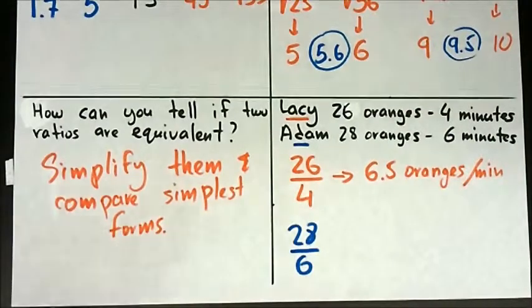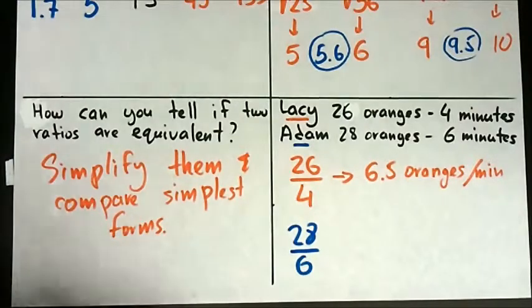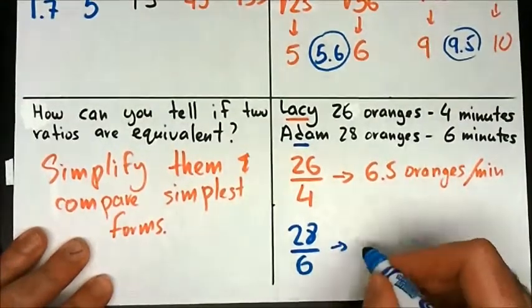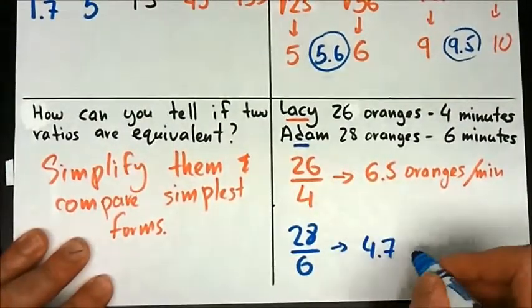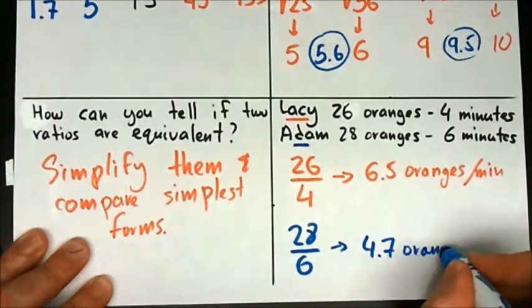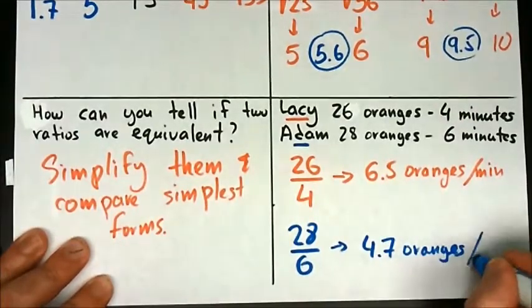And if you were to do long division on 28 divided by 6, you would get 4.67, 4.7, depending on how you round this. Let's just round this to 4.7 oranges per minute.